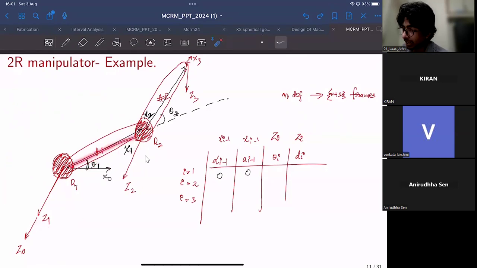As you can see, X1 and X0 are at an angle theta 1, and you need to rotate by an angle theta 1 so that X0 and X1 can be aligned. So the joint angle would be theta 1. And since there is no need to translate along Z1 because they are already coincident, the final translation is 0. Di is actually 0.